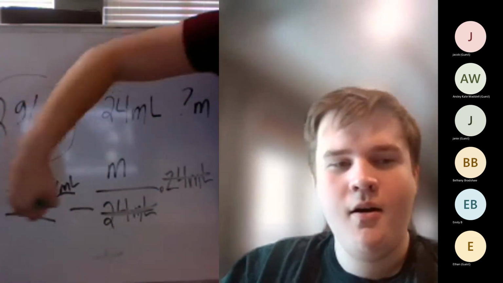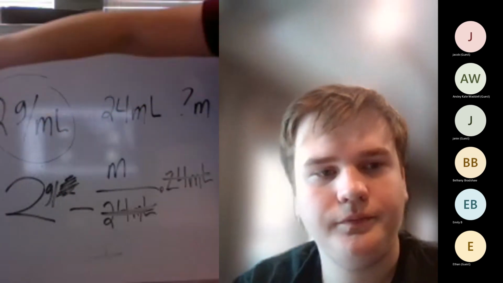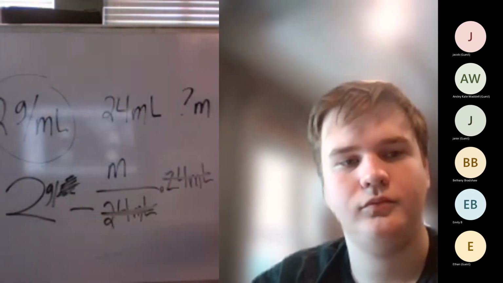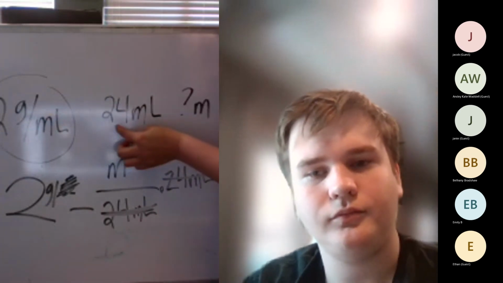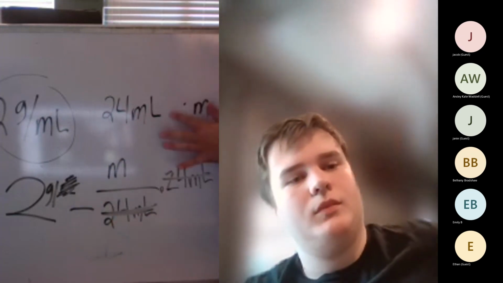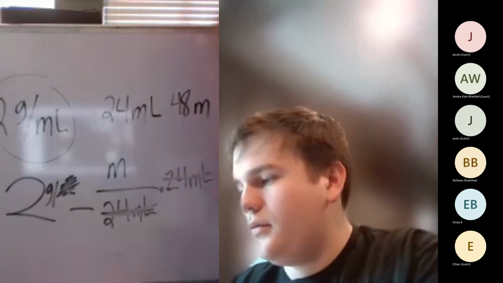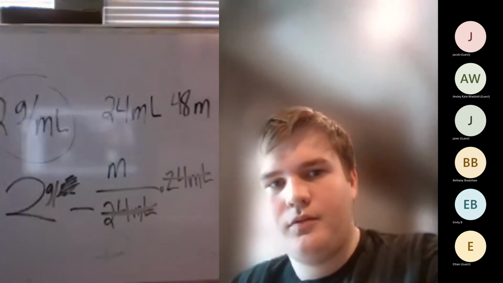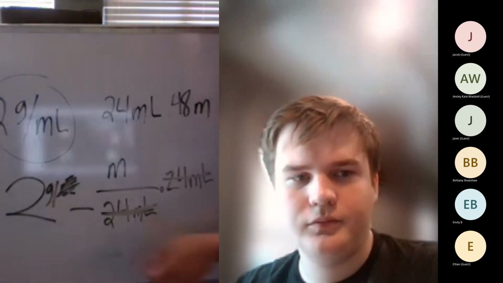So I've got a milliliter on the top and a milliliter on the bottom. So my milliliters disappear, and I'm left with 24 times 2. So the mass of this object at 24 milliliters has to be 48. And what is the only unit that's left over for that? Once I smush this over here, it's a gram, right?